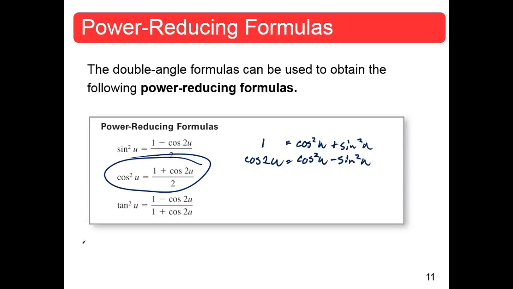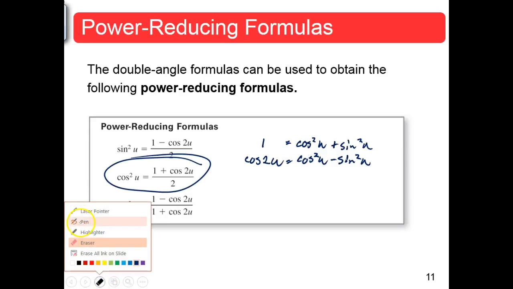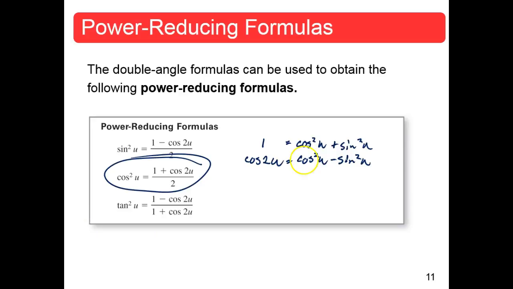This time we're trying to eliminate the cosines. So what we're going to do is subtract. And what will that give us? 1 minus cosine 2u is equal to, when you subtract, they go away, right?